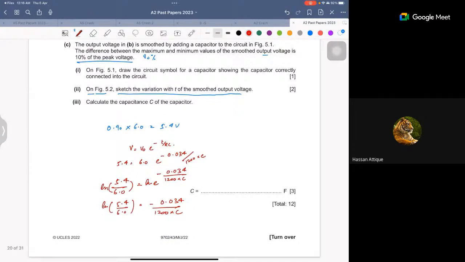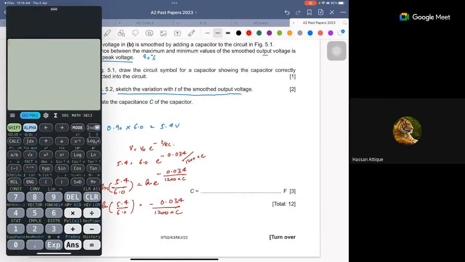So then let's quickly find the values. Ln of 5.4 divided by 6.0, and you get minus 0.1054. And then minus and minus will cancel out.